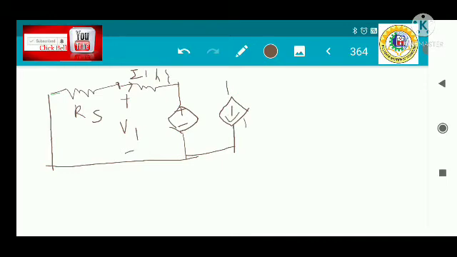This current source is Hf into I1. Next there is a resistance. This resistance is 1 upon H0.